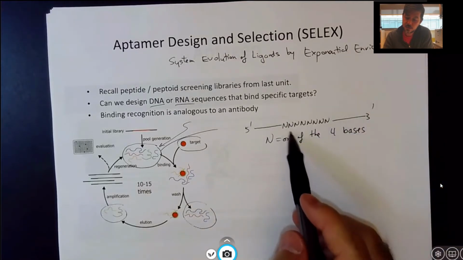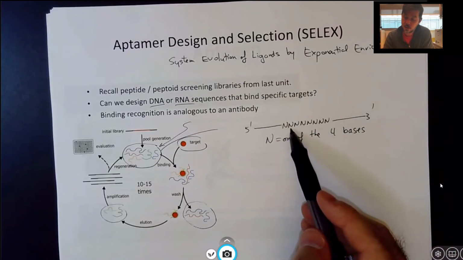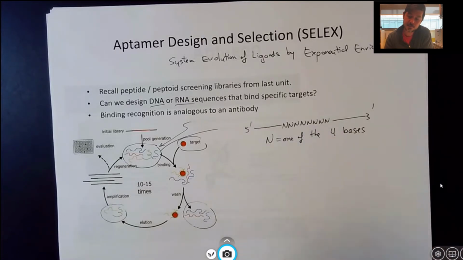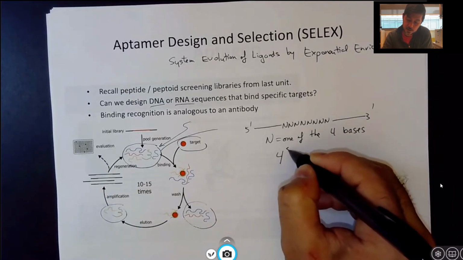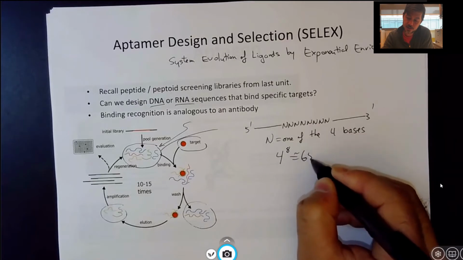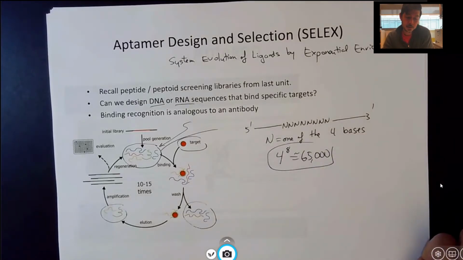If you randomize, for example, with one of the 4 bases at 1, 2, 3, 4, 5, 6, 7, 8 different positions, how many different DNA sequences can you generate? It turns out if you go 4 to the power of 8, that is around 65,000 different DNA sequences. So this is quite intriguing.